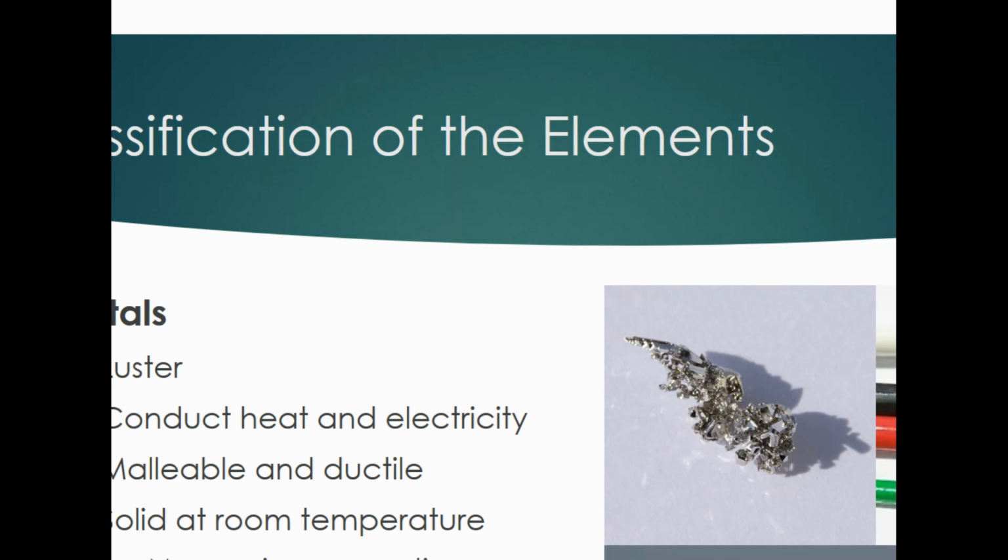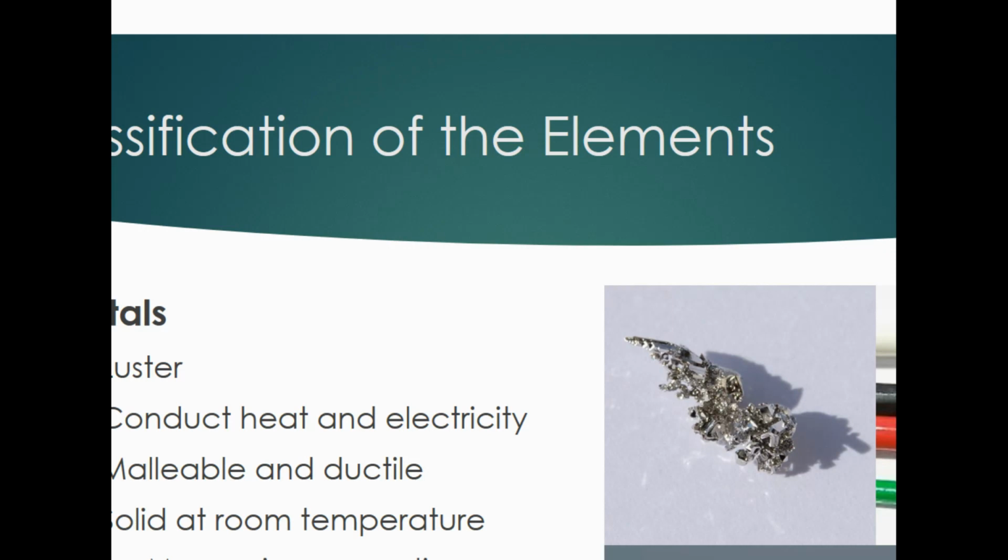There are 3 ways we can classify elements. We can classify an element as being a metal, nonmetal, or metalloid. We can also determine if it's a solid, liquid, or gas at room temperature. Metals generally have luster, meaning they reflect light. They are great conductors of heat and electricity.